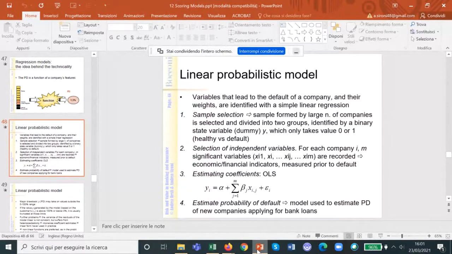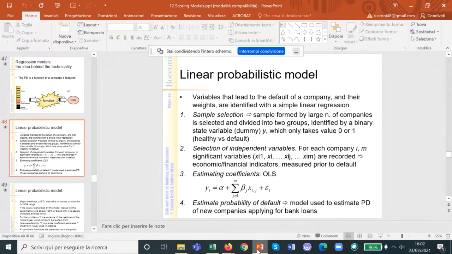The independent variables are the same variables that we use in discriminant analysis, i.e. financial statement ratios, behavioral ratios, and so on, okay? And then very simply, based on this dependent variable that can take a value of 0 or 1, and the independent variables, we estimate a regression model, okay?